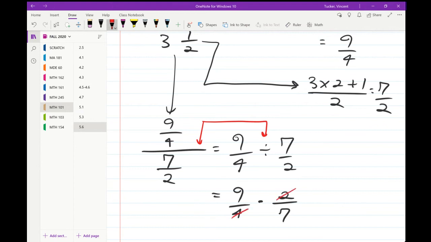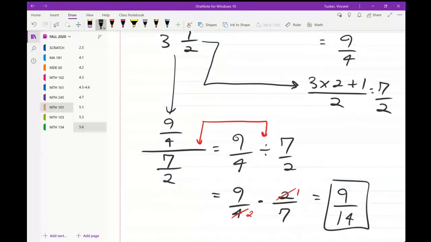This 2 can cancel out with the 2 that's in the 4. And now if I multiply across, that's 9 over 14. All right. Questions on any of those before we take this and use it in our proportions?